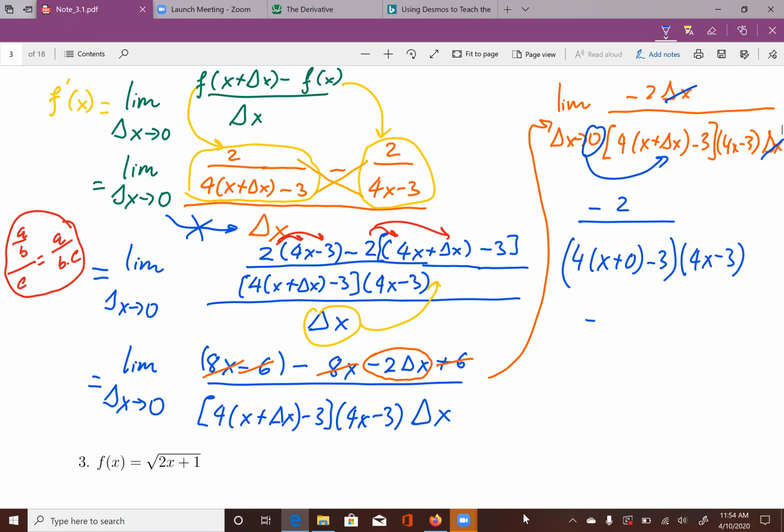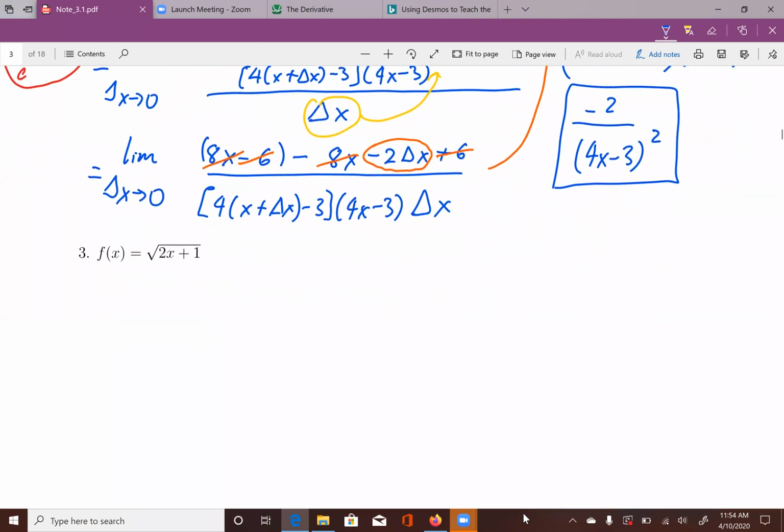So 4x minus 3 times 4x minus 3 should be 4x minus 3 squared. And then this is my answer. All right. This is an example of how to find the derivative of rational functions.